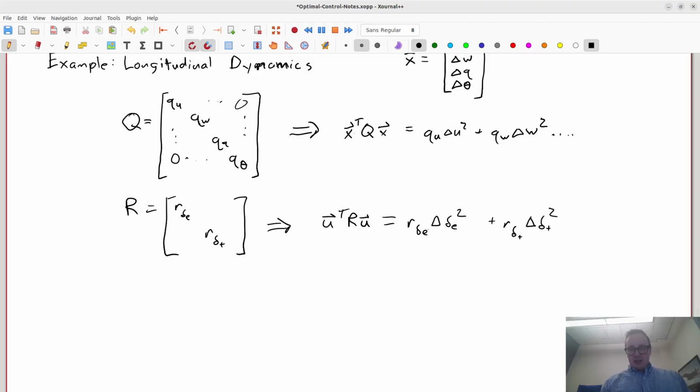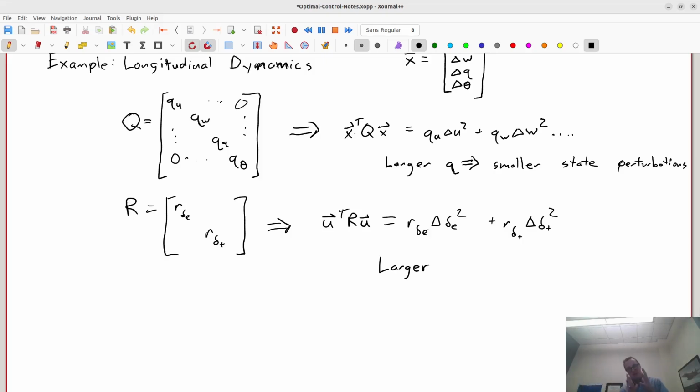So larger values of Q mean that when we do this minimization problem with this objective function, larger Q leads to smaller state perturbations, and larger R, and these are relative terms because we can't have our cake and eat it too.